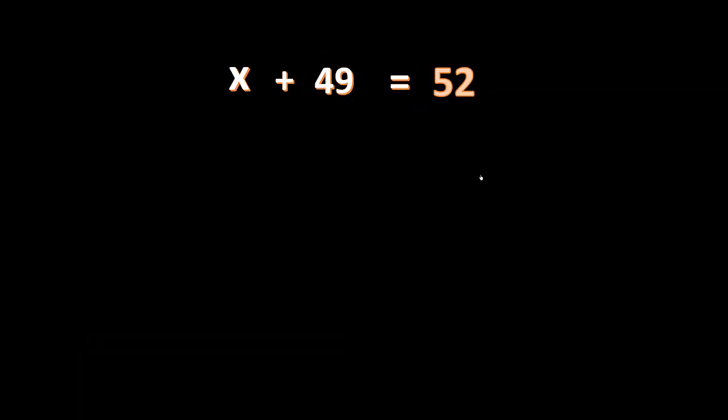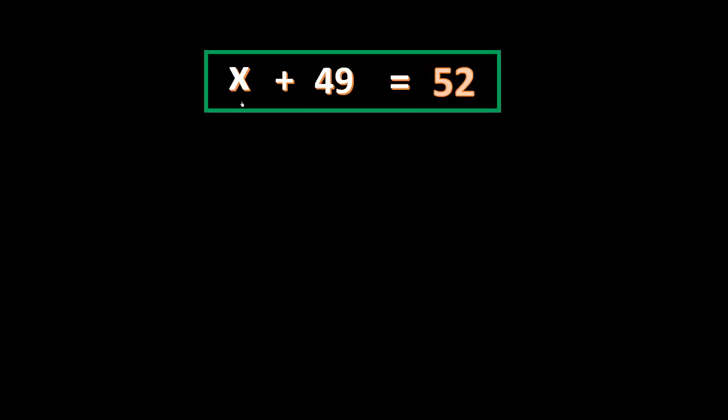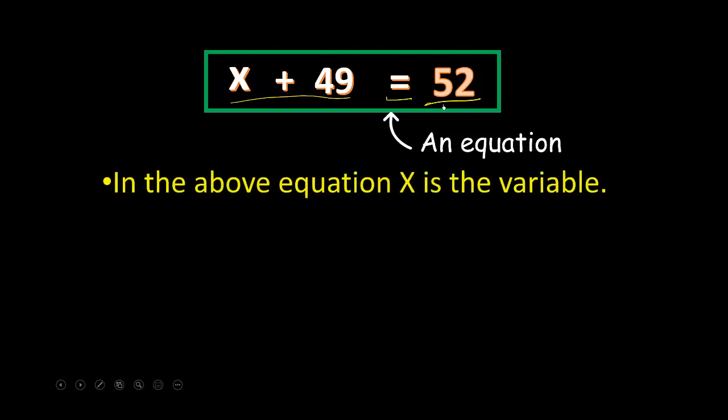Now we have another equation. It's written x plus 49 is equal to 52. That's an equation. An equation has 3 parts: one is this x plus 49, one is this 52, and one is simply this equal sign. In the above equation, x is the variable.